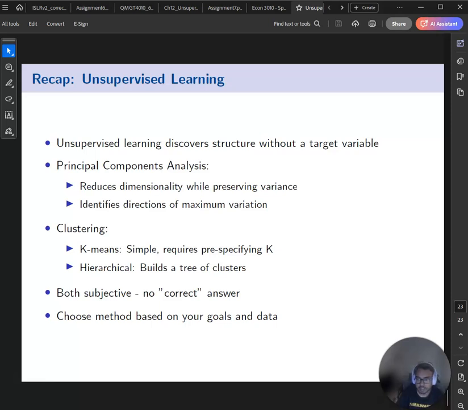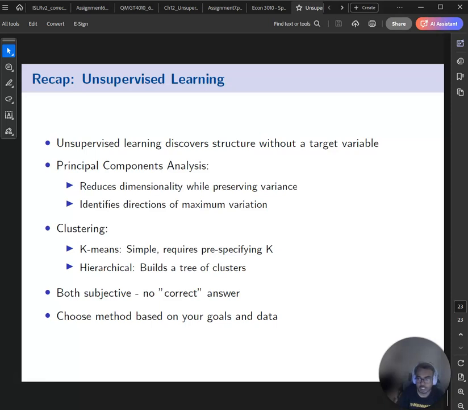Second, we covered two main techniques. PCA helps us reduce dimensionality while preserving variance. It identifies directions of maximum variation in our data, allowing us to represent complex data sets more simply while keeping most of the important information.